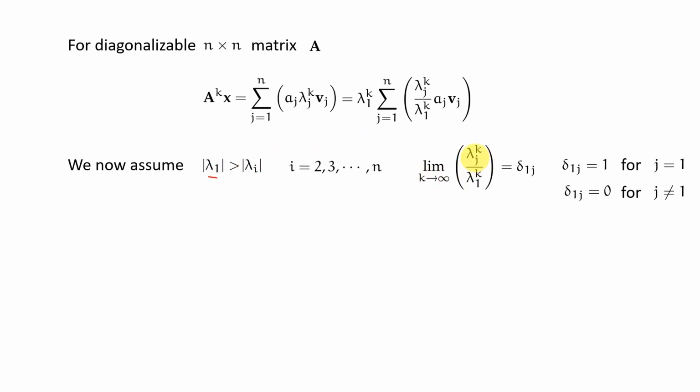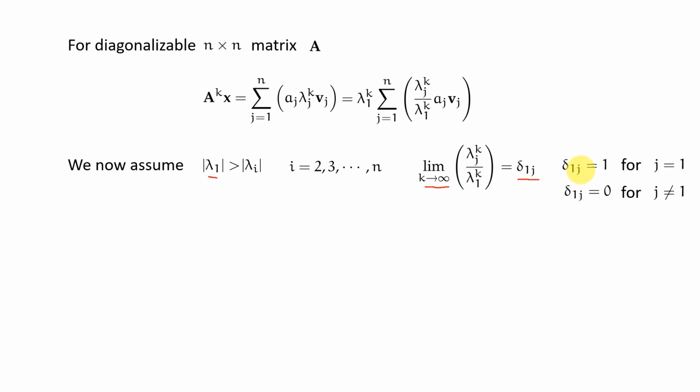Therefore, if I take this ratio lambda j to the power k divided by lambda 1 to the power k, for large value of k, such as k tends to infinity, I reach delta 1j. Delta 1j is Kronecker delta, but if you don't know about Kronecker delta, don't worry about it.